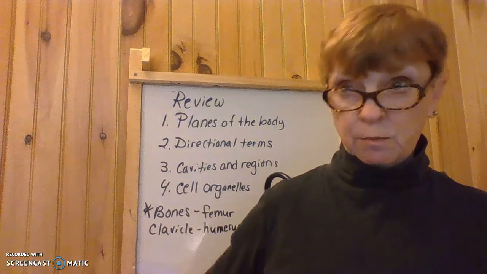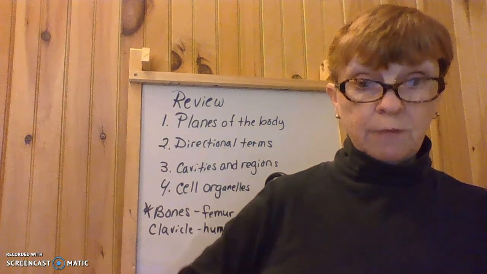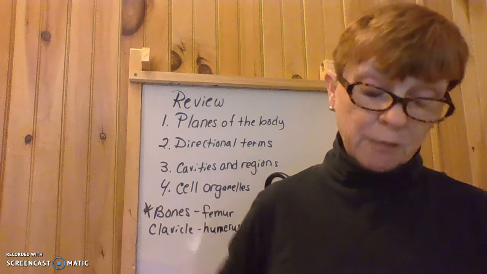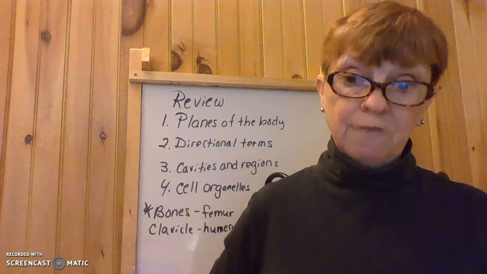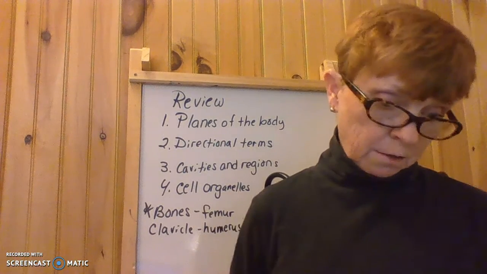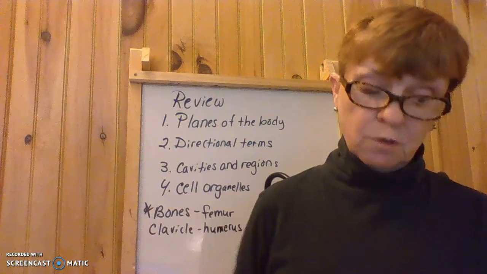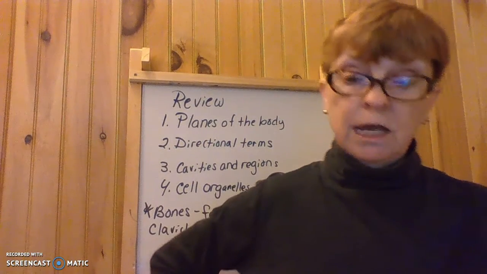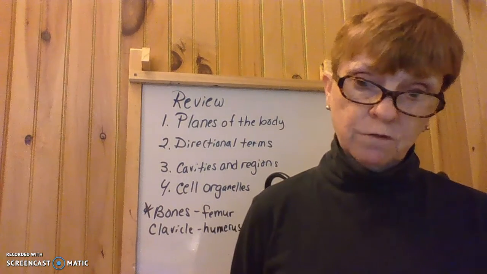That is right below your rib cage: the right hypochondriac region, and the left hypochondriac region. The umbilical would be where your belly button is, and then below that where your hip is, your right hip would be the right iliac region, and your left hip is the left iliac region.